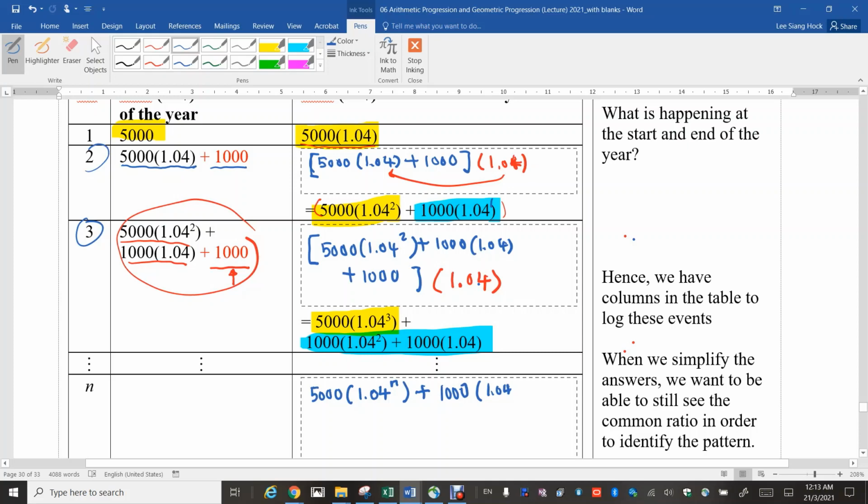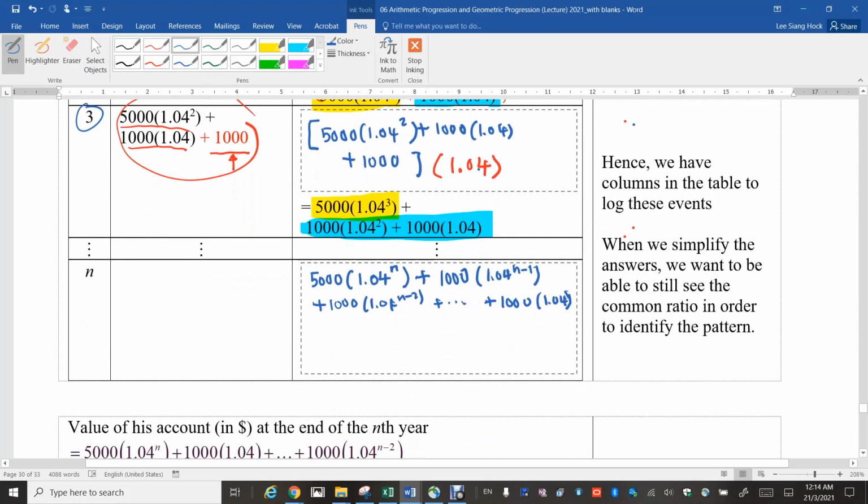Year n starts with n minus 1, then plus 1,000 times 1.04 to the power of n minus 2, plus dot dot dot, all the way until 1,000 times 1.04 to the power of 1. Can you see that? That's how we generalize it.